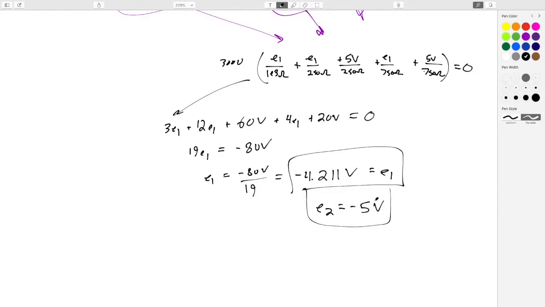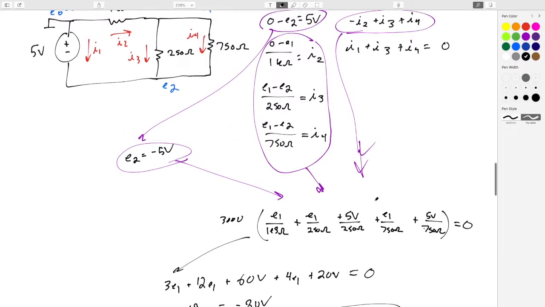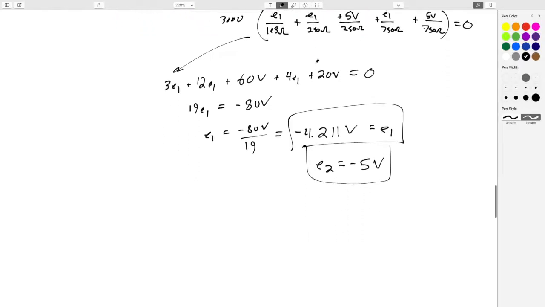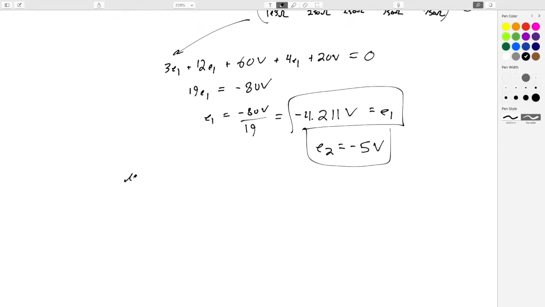So this is interesting. Let's solve our currents then. I2 is going to equal negative E1, so I2 equals 4.211 divided by 1e3 ohms, which equals 0.004211 amps. All right, this is looking familiar.